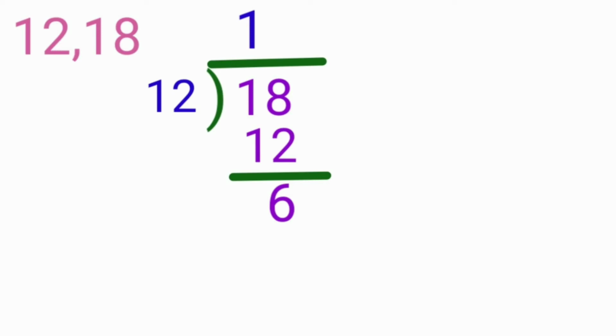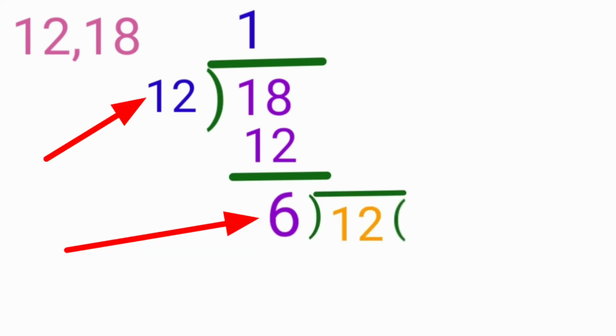Now we must divide 12 by 6. We continue the division till we get the remainder 0. Here we have the remainder 6, so we divide 12 by 6. How many 6s are in 12? 2 6s are 12, 2 times.